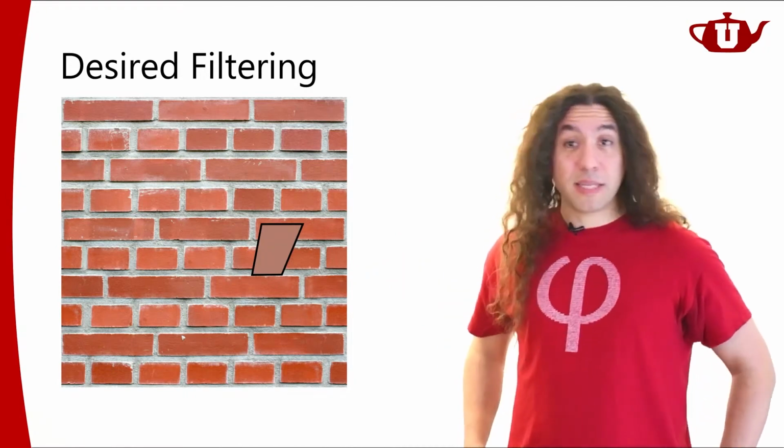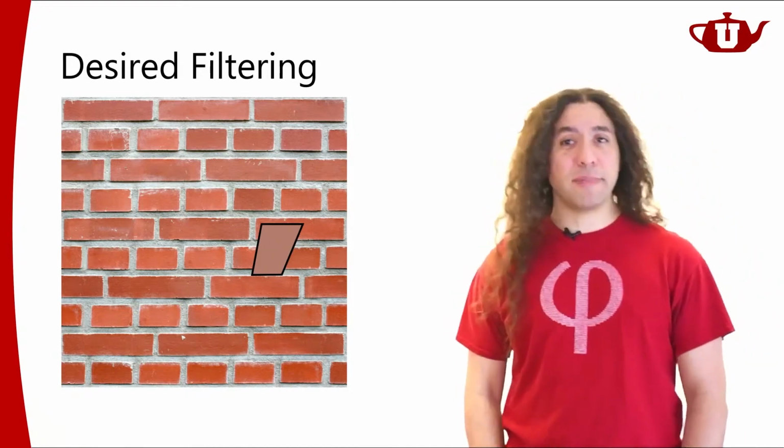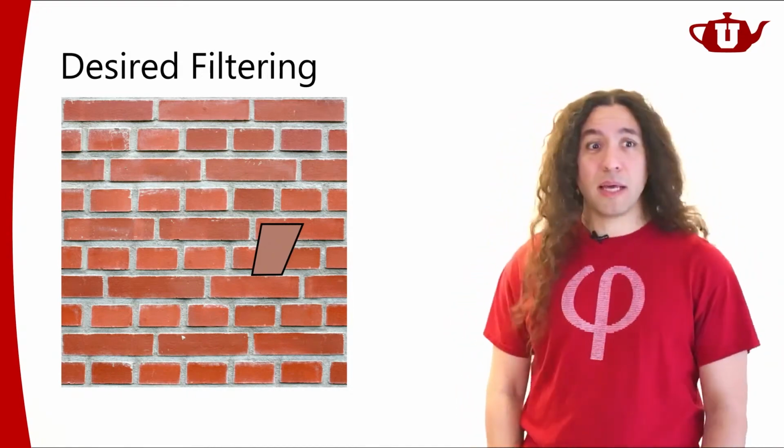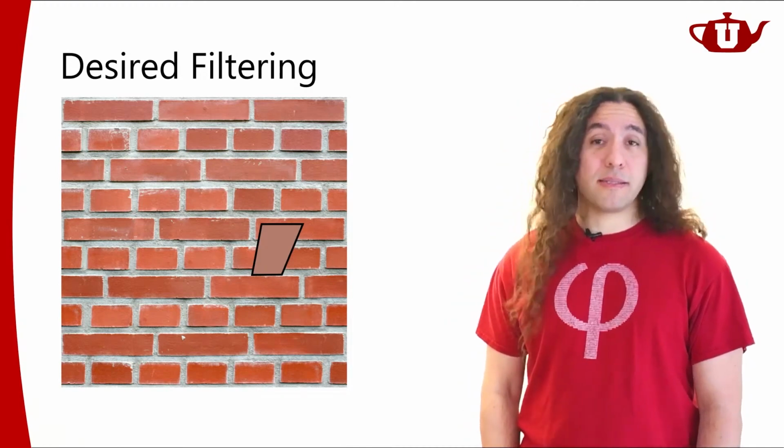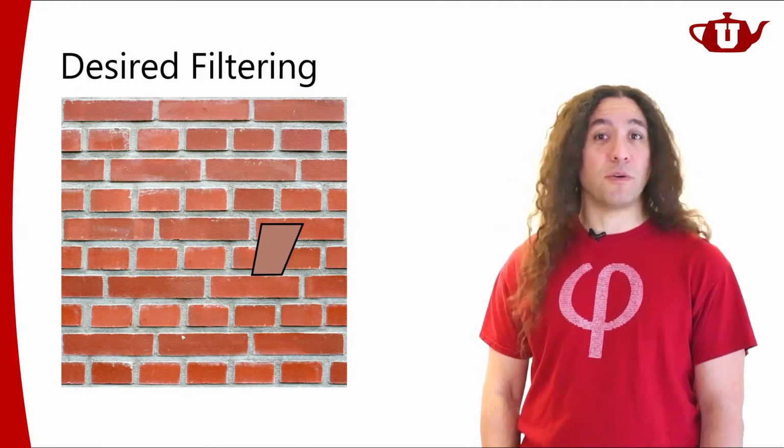So this is what's desired, and we're not getting that. We need to figure out a way to solve this problem. What is important here is this dancing pixels problem, right? So we need to figure out a solution for this.